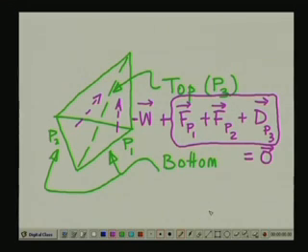Otherwise, this particular wedge is going to become unstable. So, here you have to consider the unit normal to the directions of the three planes P1, P2 and P3 vis-a-vis the tunnel alignment in order to compute the stability of this particular wedge.